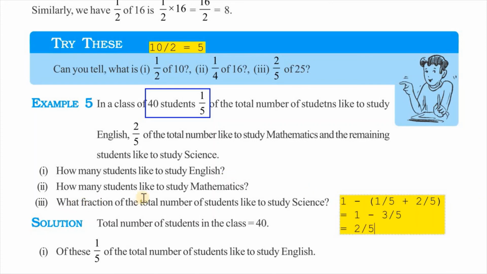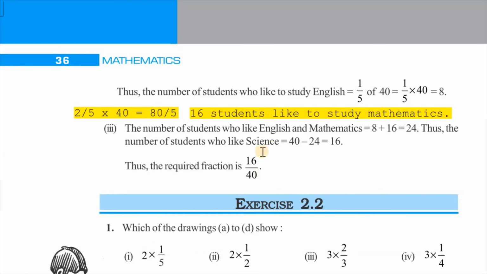Whenever they ask for the fraction, you need not find the actual number and then go back to find the fraction. You can get the fraction directly. So 16 by 40 can also be represented as 2 by 5 because there's a factor of 8. So again, simplification of fractions, you need to recall. So 16 by 40 is equal to 2 by 5.